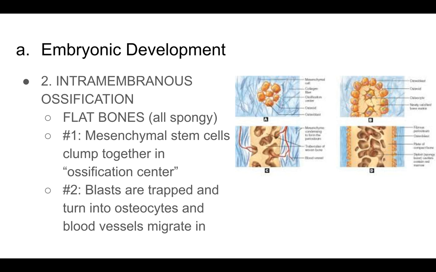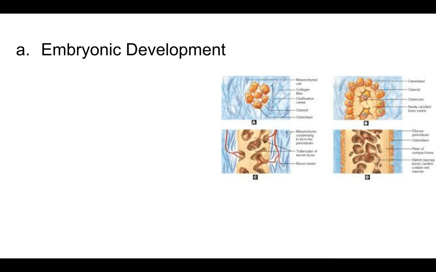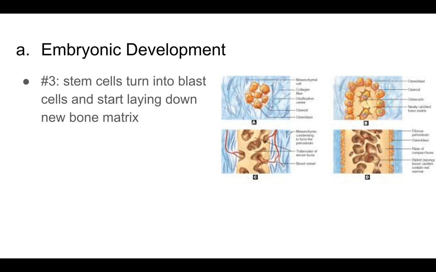And as they lay down new matrix, they're going to trap themselves in that matrix. Once they are trapped, they are again called osteocytes, and will need blood vessels to move in and provide some nutrients.